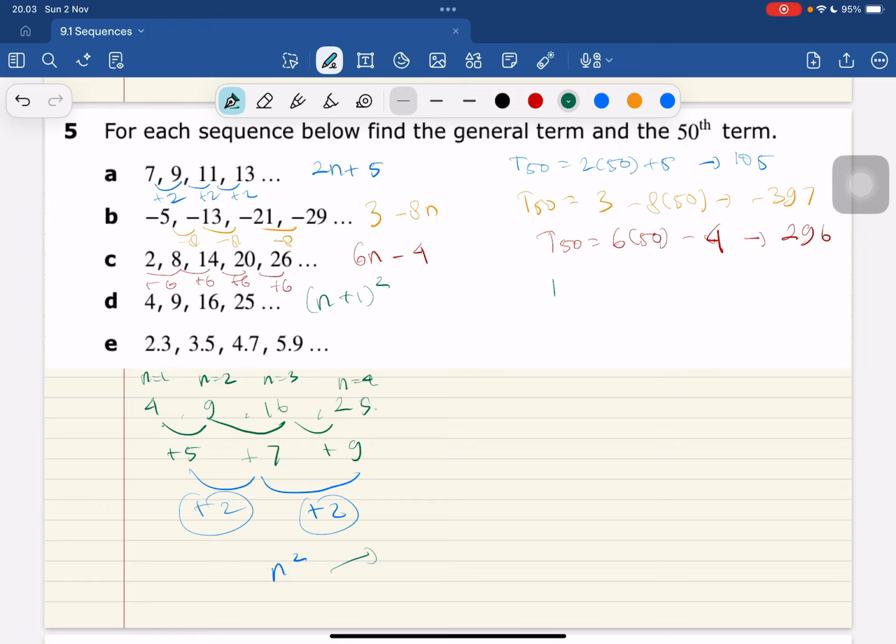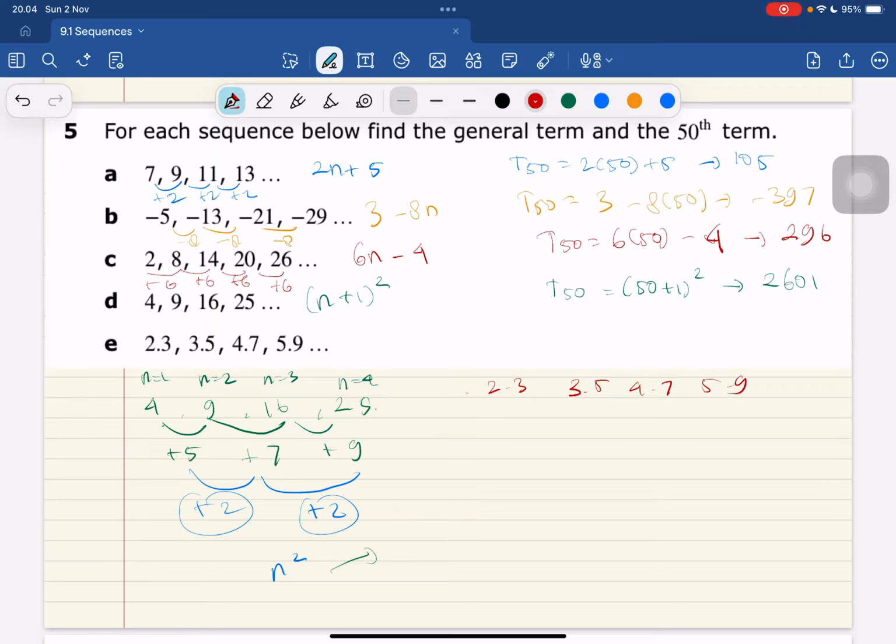Okay, we got it. So T50 equal to 50 plus 1, and then we square it. So this will give us the answer of 2601.